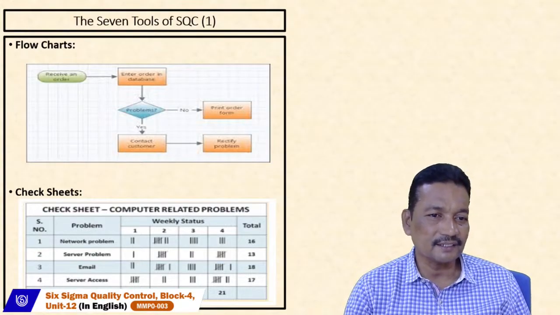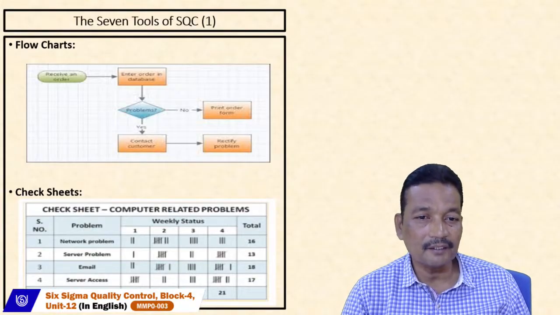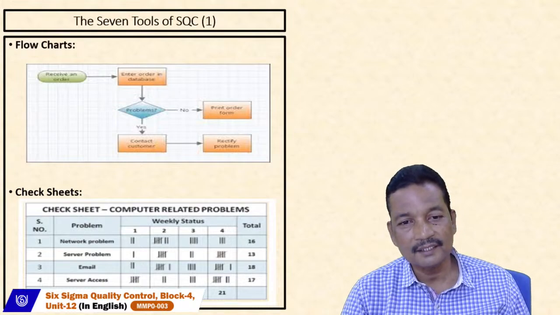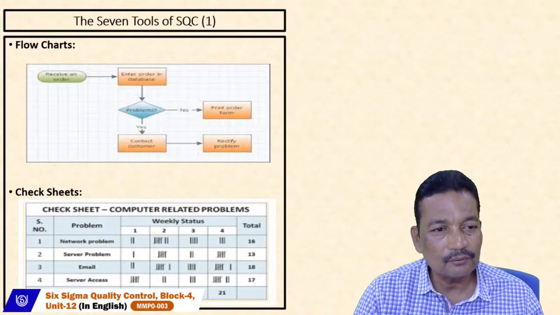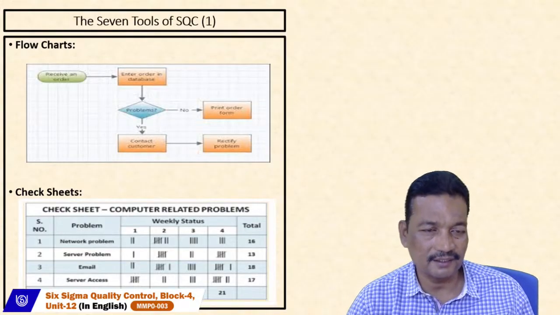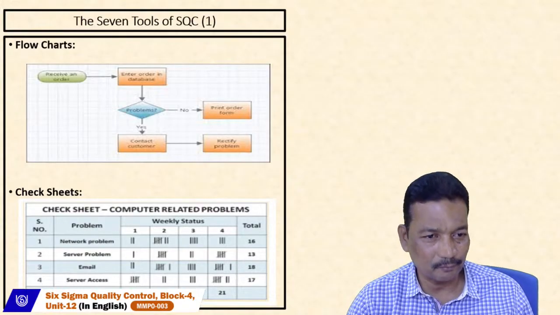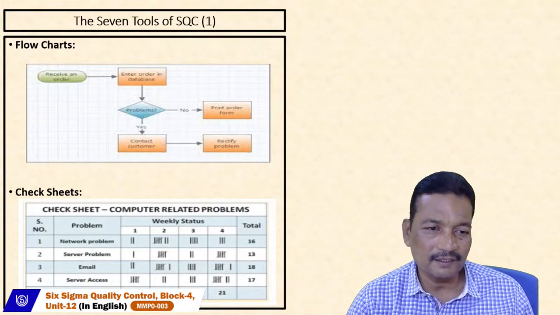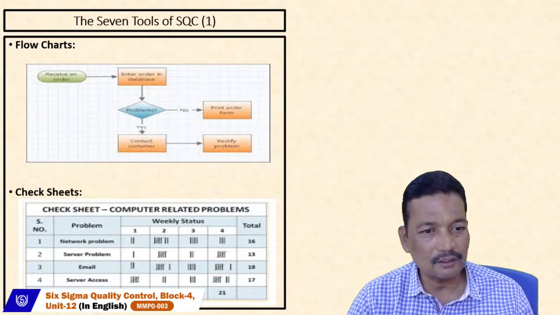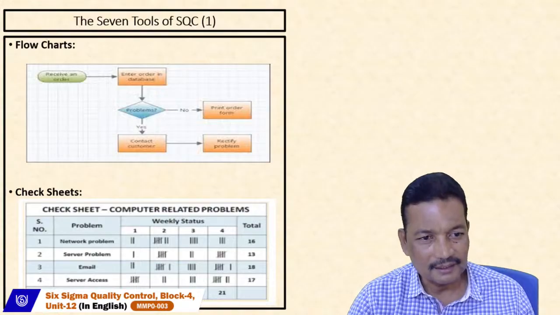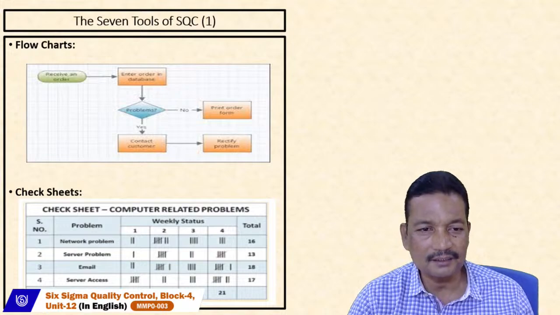Second is check sheets. Now it is very difficult to remember all the problems occurring in a large organization. So what we do? We try to maintain a check sheet. All of you see we have an example of computer related problem where the problem is network. Why is the computer malfunctioning? Whether it is due to network, is it due to server, is it due to email, or is it due to server access?